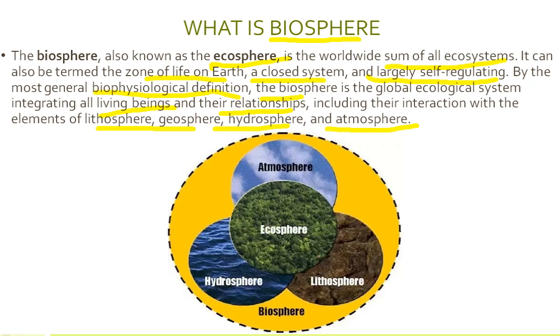Okay. So now let us understand what is atmosphere. Atmosphere is the layer of gases that surrounds the planet Earth, and these gases are retained by Earth's gravity. Remember this. This atmosphere becomes thinner and thinner with increasing altitude, with no definite boundary between the atmosphere and outer space.